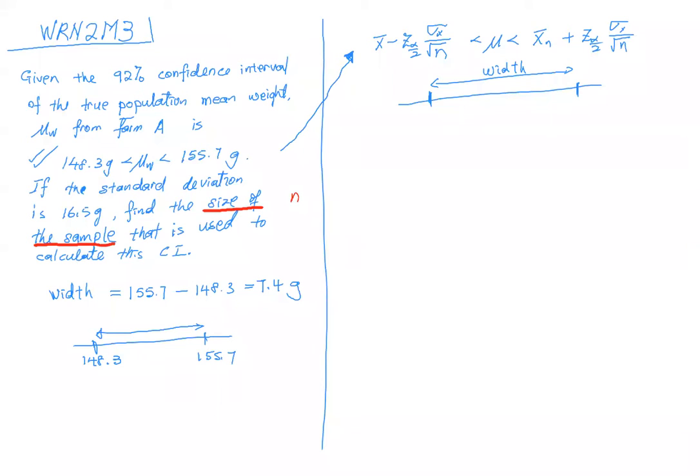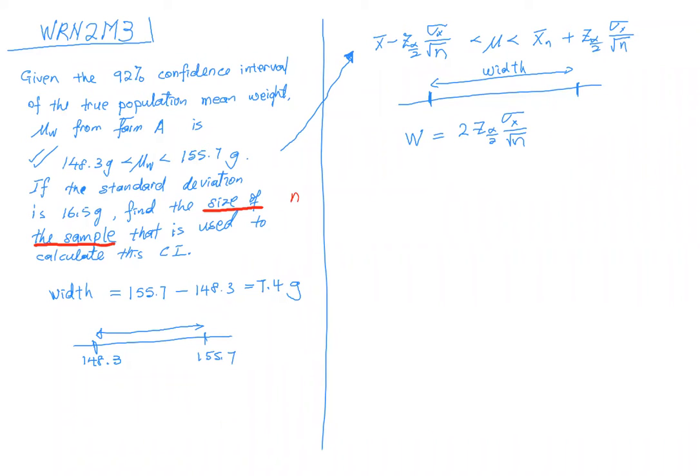So that means the width, if I go by the formula, will be 2 times Z alpha over 2 times the standard deviation over square root of n. Am I right? Okay. So now our issue is, do we have this Z alpha over 2?